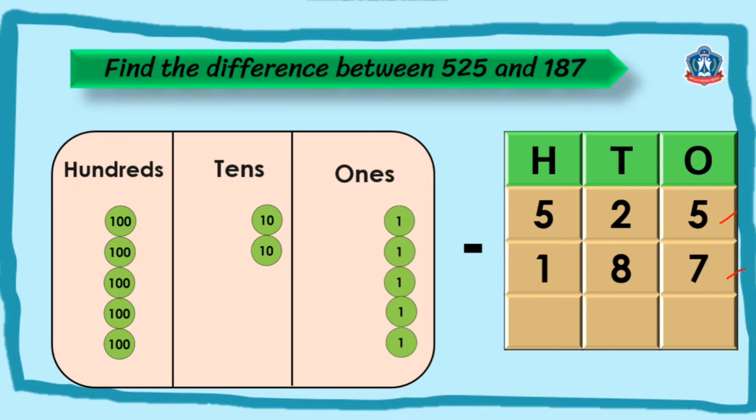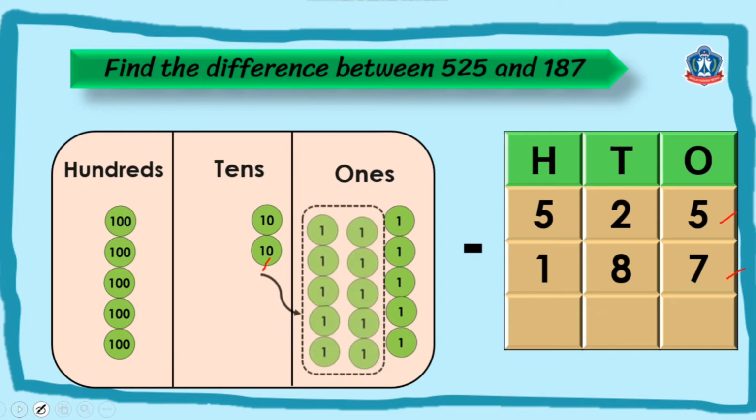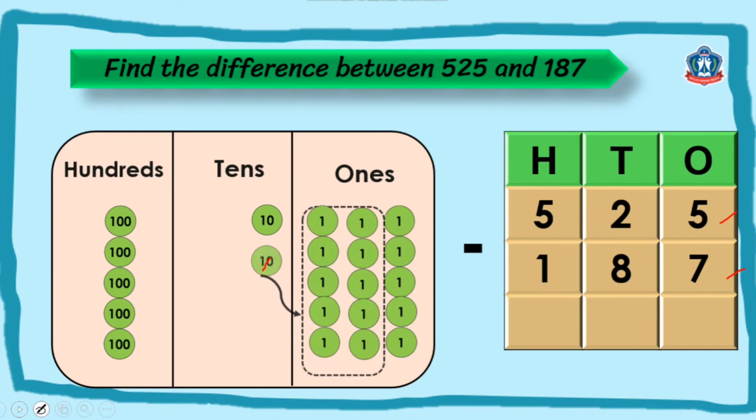So what are we going to do? First, we will rename this 10, the 110. When we say rename, we will change this 10 tens into ones, and that is equal to 10 ones. So our ones now becomes 15, because we take 1 ten, and our tens becomes 1 ten. Okay, so we can subtract now 7 from 15.